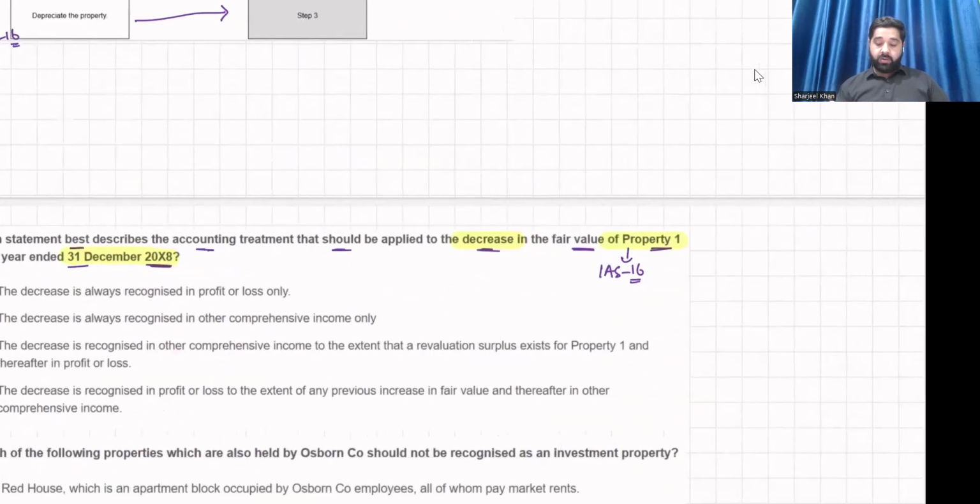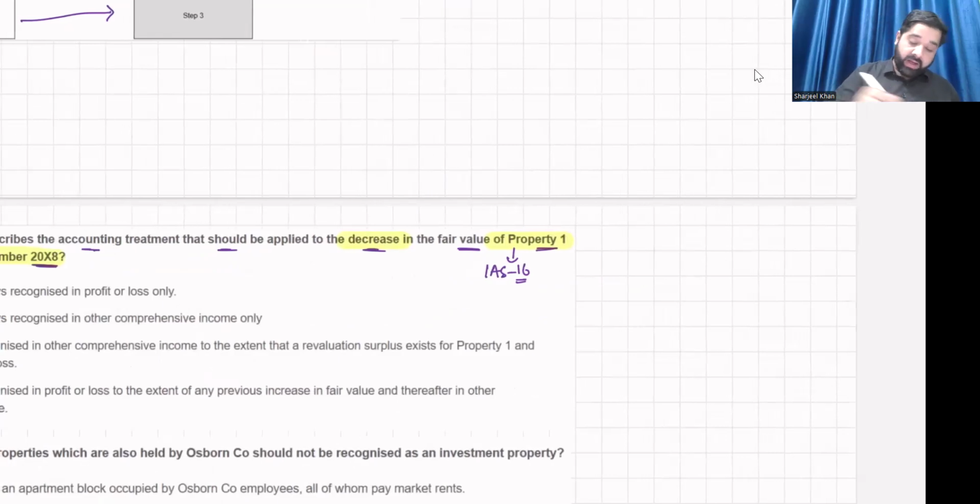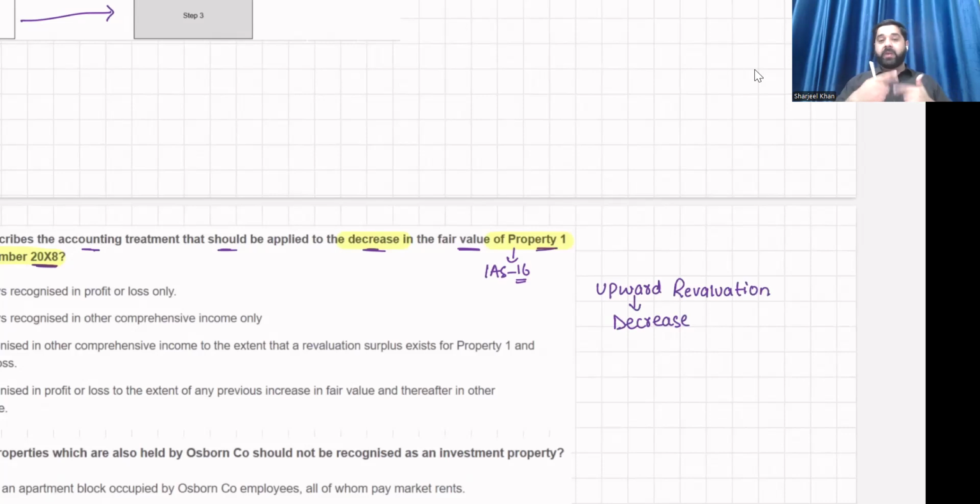Now, in accordance with the rule of IAS 16, if there is a previous upward revaluation and then there is a decrease in the fair value, right? When there is a previous upward revaluation, then a decrease in value means the downward revaluation. Now, what will be the treatment for this?